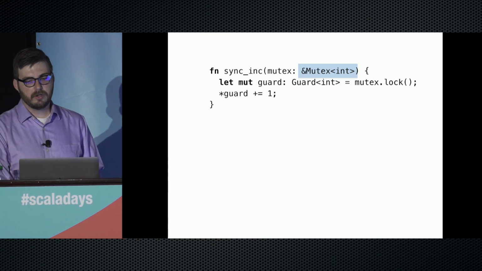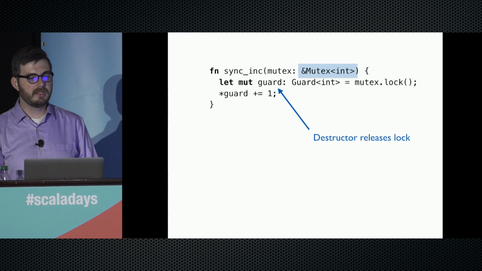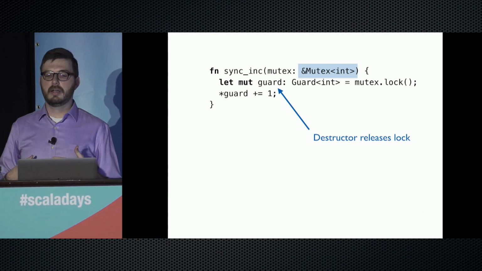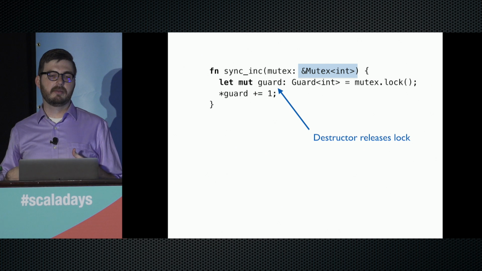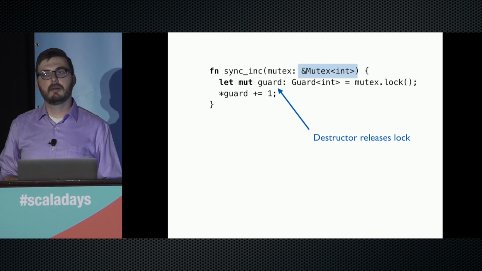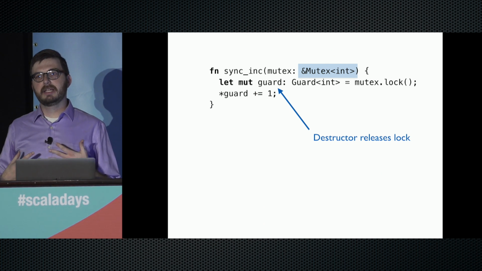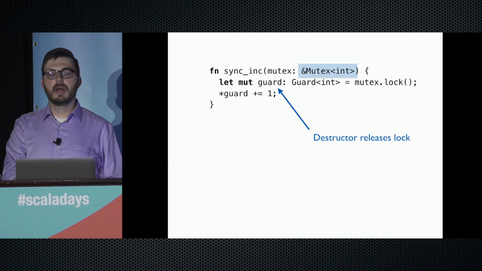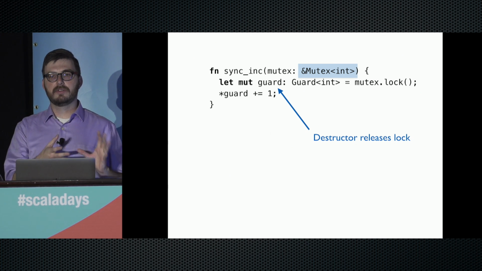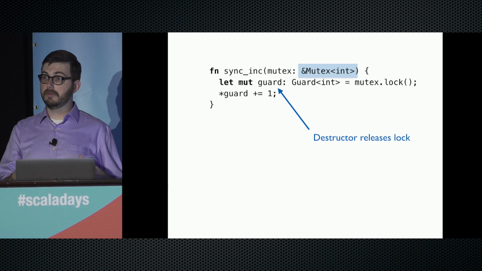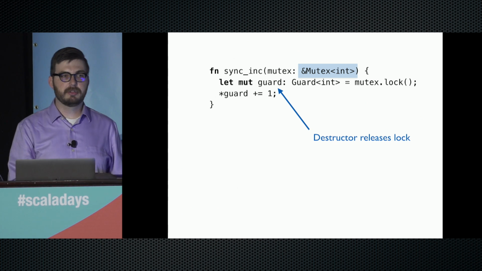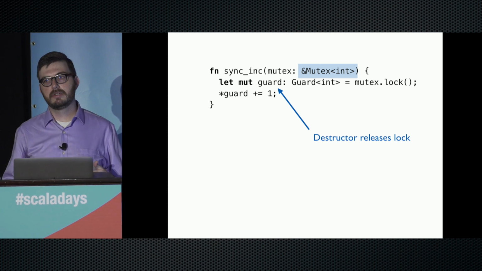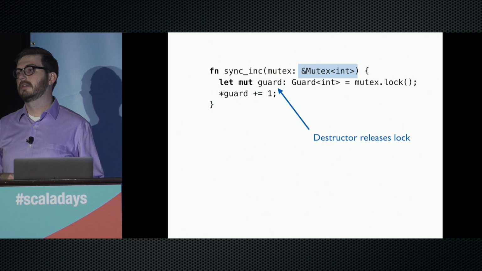And then when we call lock, we get back a special kind of object called a guard. A guard gives you mutable access to that integer, but only for as long as that guard itself is around. In particular, guard has a destructor that will release the lock.